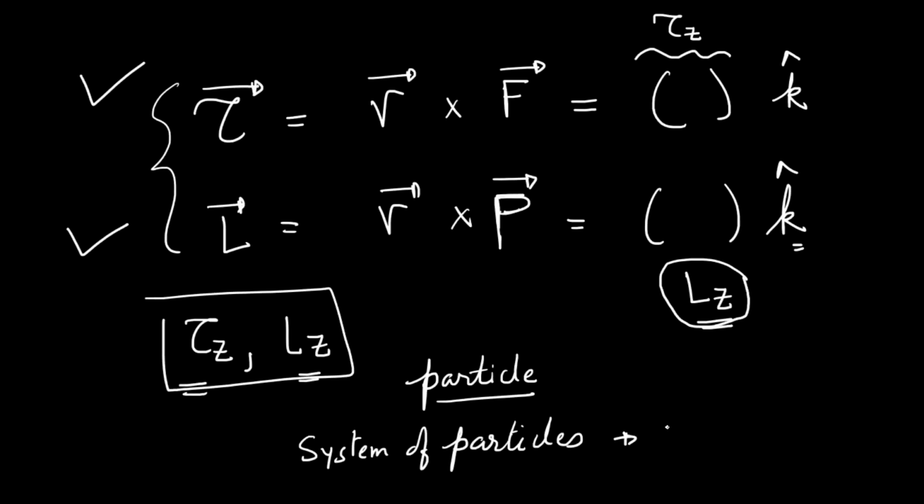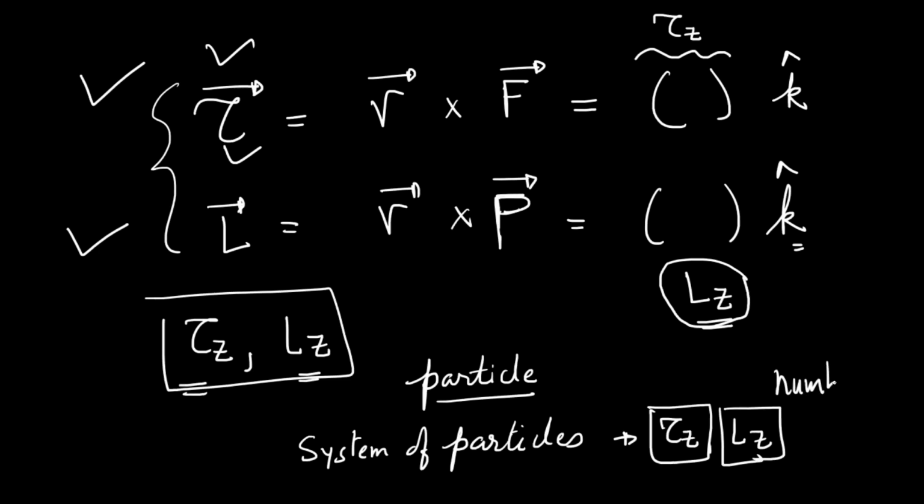Now, because we are interested in tau z and Lz, though these are vectors, we'll end up adding them like numbers, because we're only interested in tau z and Lz, and therefore the whole calculation is going to be very easy.